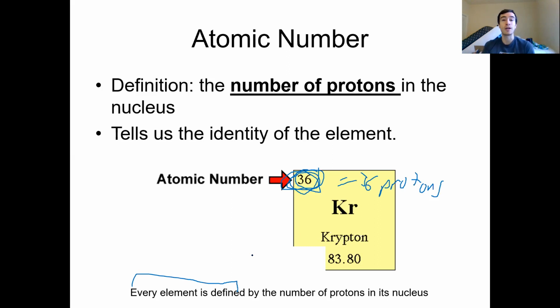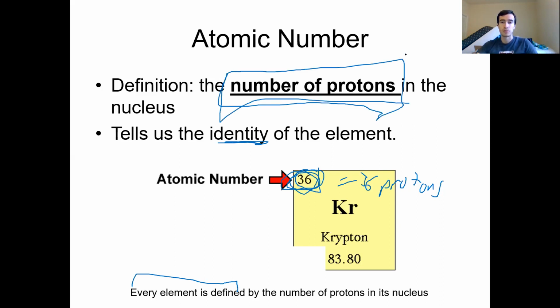So this is how we organize the periodic table: we just figure out the number of protons and then put it in up next. The smallest number is up in the top left of the periodic table, the largest number is down in the bottom right, and then we just fill in all the rest of the atoms in between. So atomic number gives us the identity, and more importantly, tells us the number of protons.